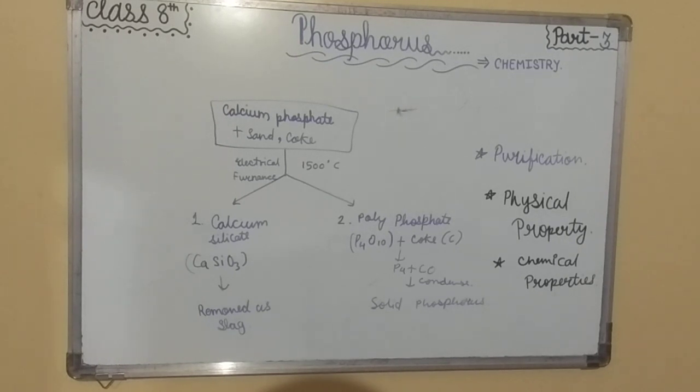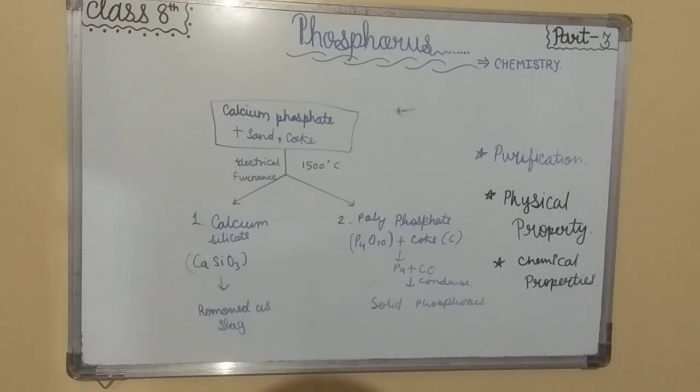PCl3 plus Cl2 gives PCl5. Sixth is sulfur. Phosphorus combines with sulfur with violent explosion, forming a number of sulfides such as P2S3, P2S5, P4S3 and P4S7.